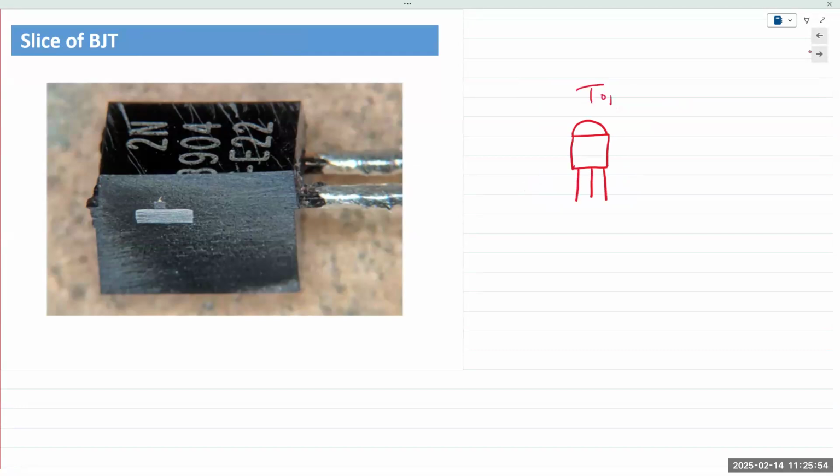This is the top, and looking at it from the front, I want to create a sort of three-dimensional structure. It might look something like this. So this was an image of an NPN transistor. You can still see the number here. It's a 2N3904.